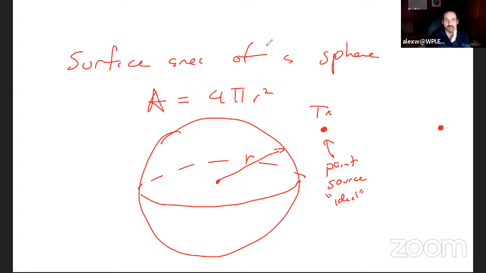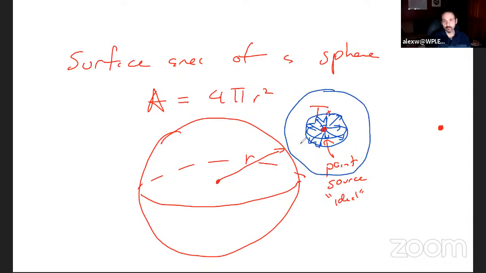What this does effectively is it emanates spheres of energy. It's equally radiating energy all over the place. In a minute, I'll explain how this is not happening whenever you have an antenna. But for now, let's assume that this thing is creating beautiful spheres of energy that are emanating upwards.